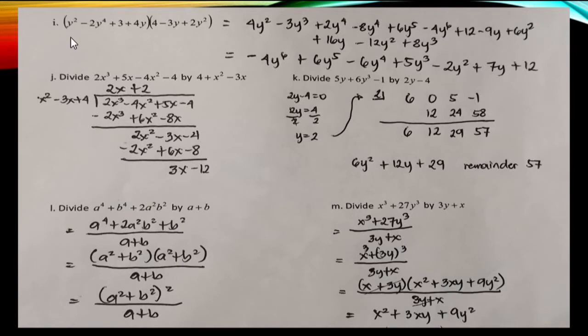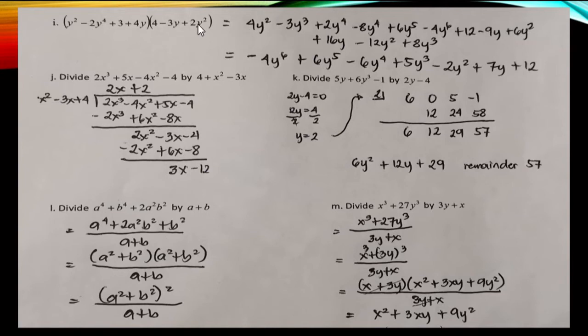Next, y squared minus 2y to the power of 4 plus 3 plus 4y multiplied by 4 minus 3y plus 2y squared. So, distribute again one by one, then combine like terms. Y squared times 4 is 4y squared. Y squared times negative 3y is negative 3y cubed.